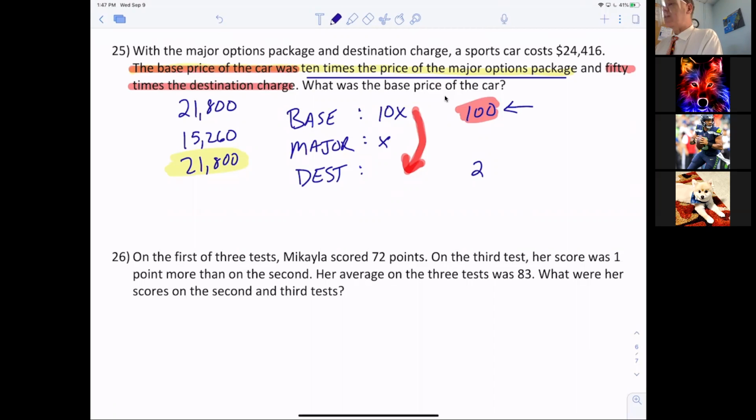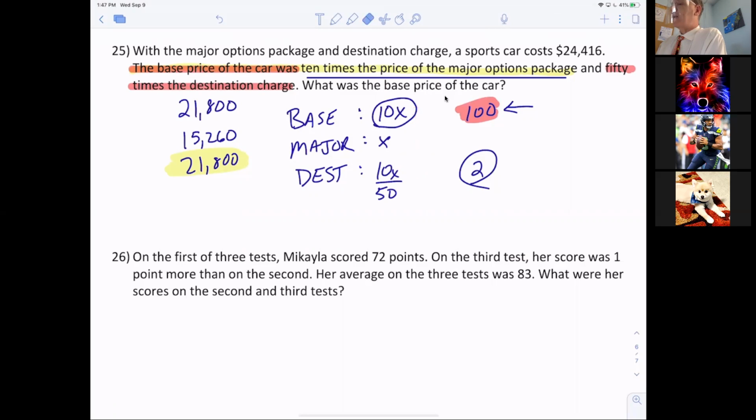So now my question is, if the base price is 10x, what is the destination charge going to be? 10x divided by 50. And 10x divided by 50 is the same as 1/5 x.